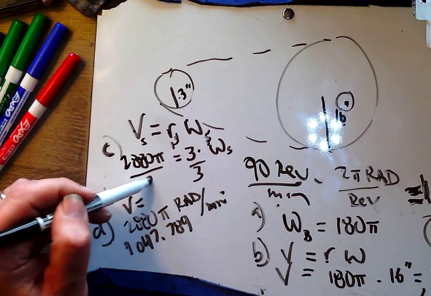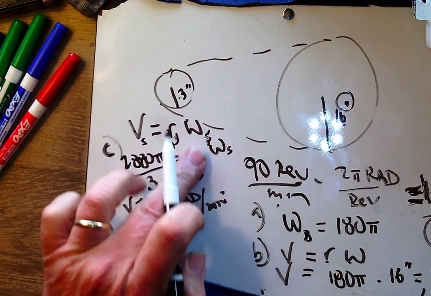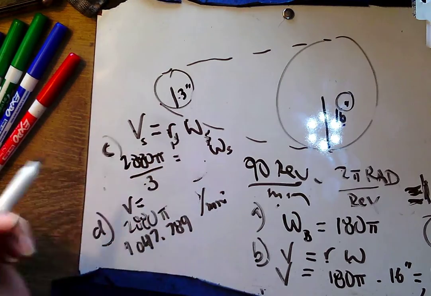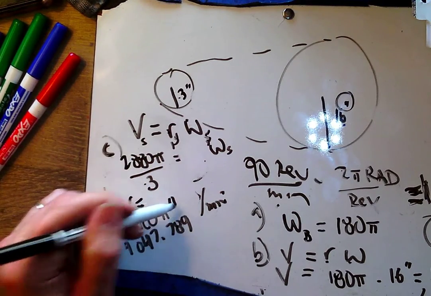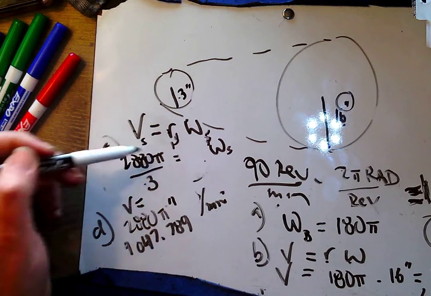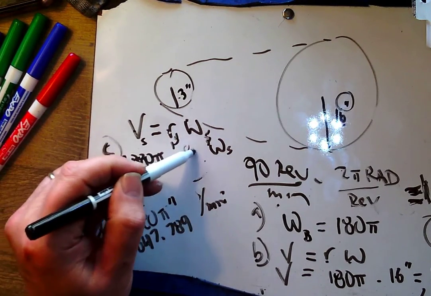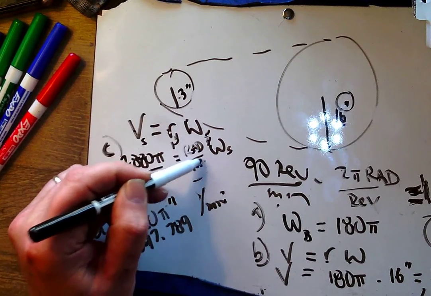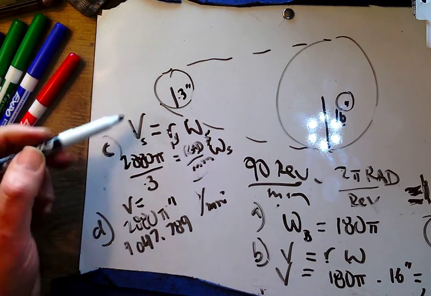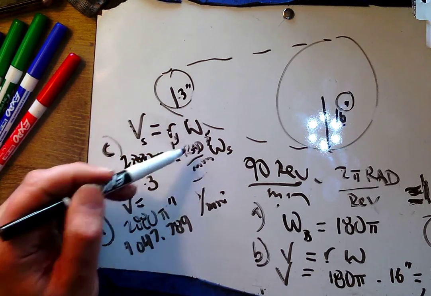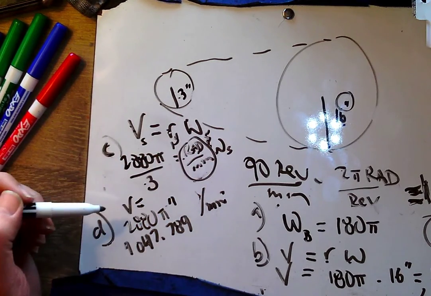And if I divide by 3, my inches here and my inches here are going to cancel, and I'm just going to be left with radians per minute. Okay, so linear velocity divided by radius is going to give me an angular velocity.